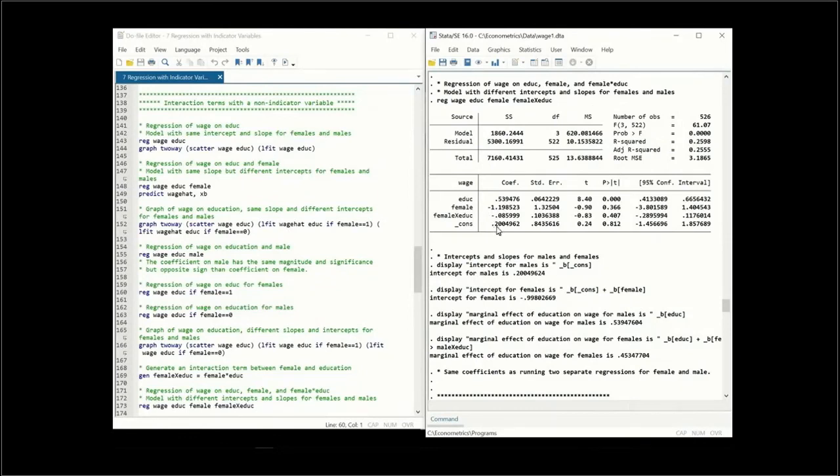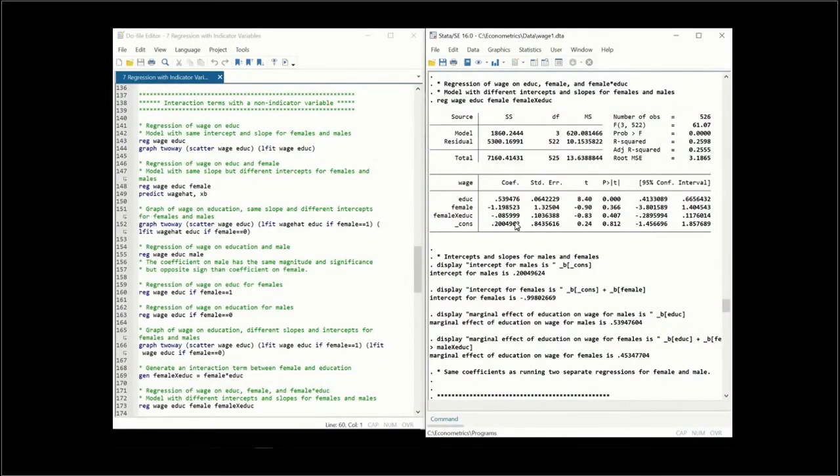Now, this intercept here is the intercept for males. If we want to find the intercept for females, female would be equal to 1, so we would do this plus that, and that would be the minus $1 that we got before.